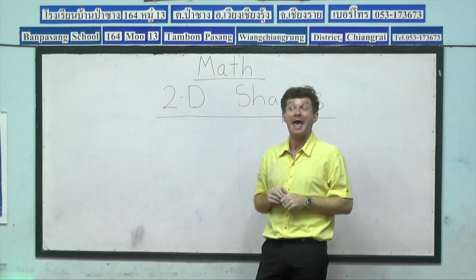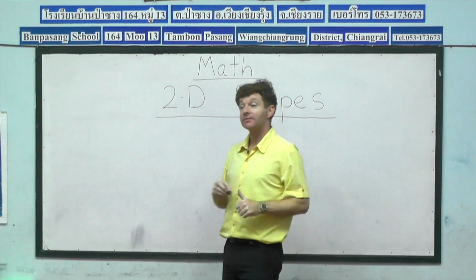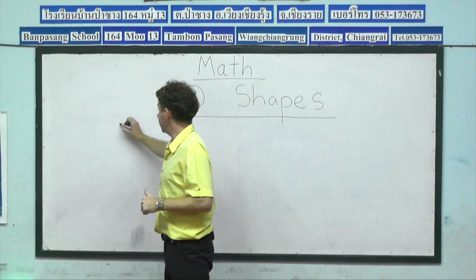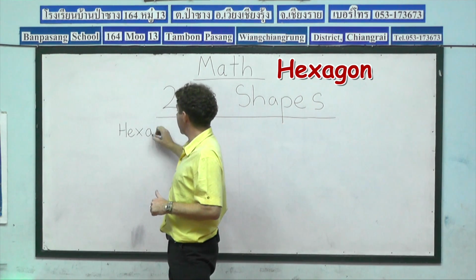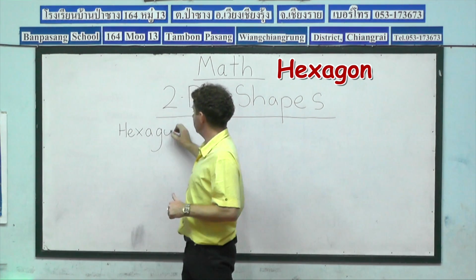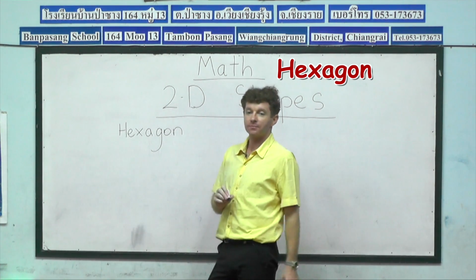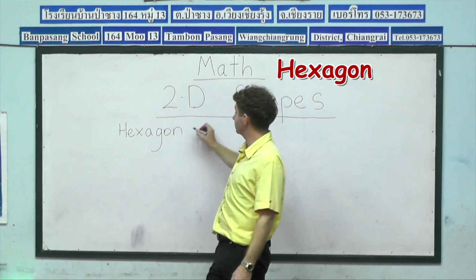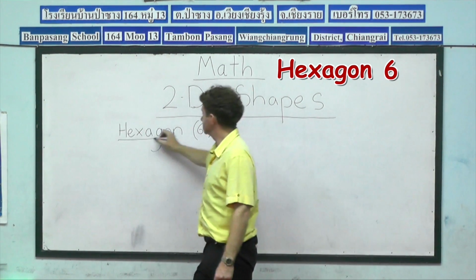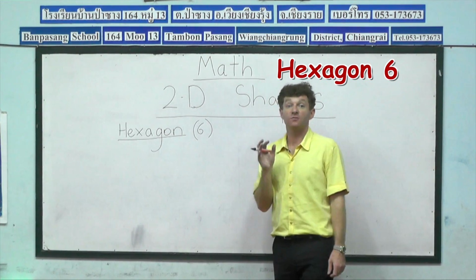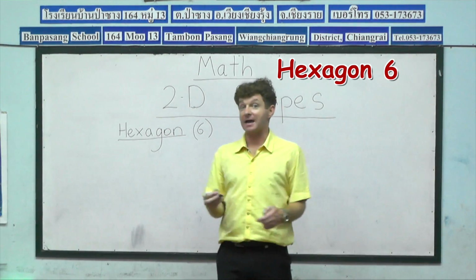Well done, hexagon. So let's spell hexagon. H-E-X-A-G-O-N. And we know hexagons because they have to have 6 of everything. 6 sides, 6 corners, and 6 angles.